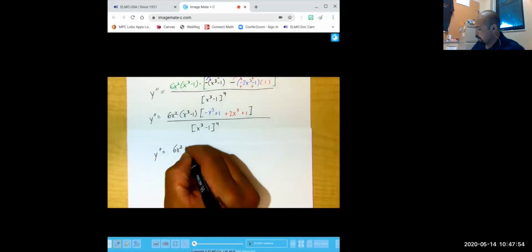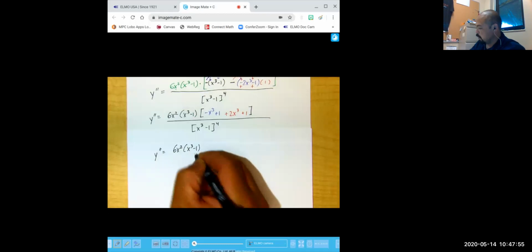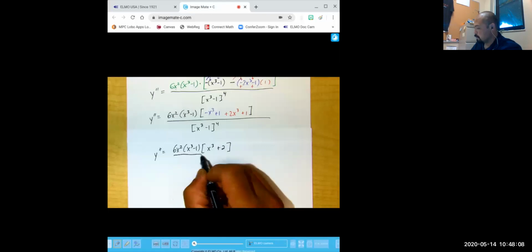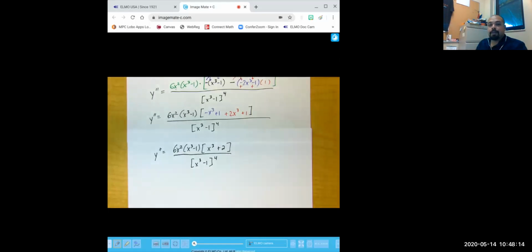6x squared, x cubed minus 1. In these brackets, negative x cubed plus 2x cubed, pardon me, we got a positive x cubed. 1 plus 1, 2. That denominator has held steady for us. But now, what can help?